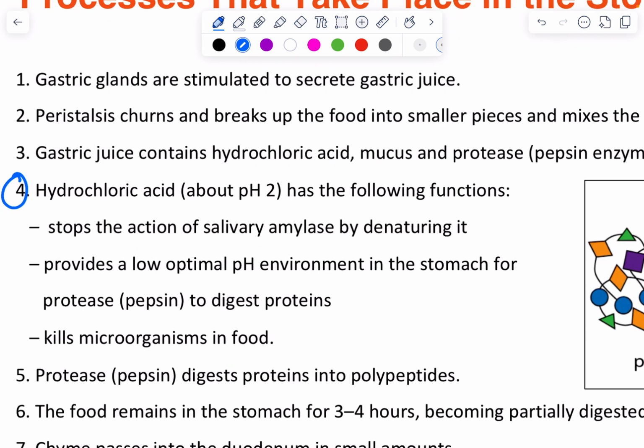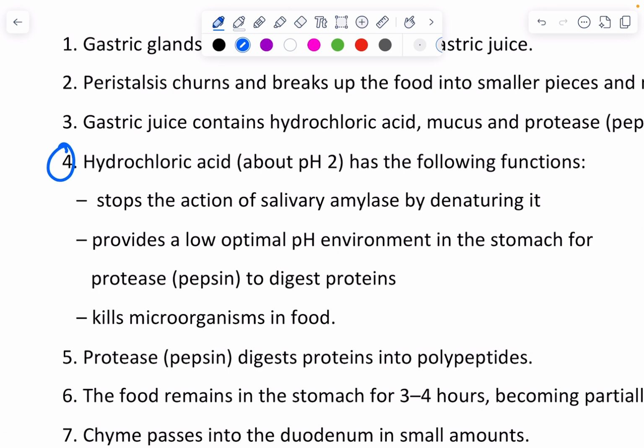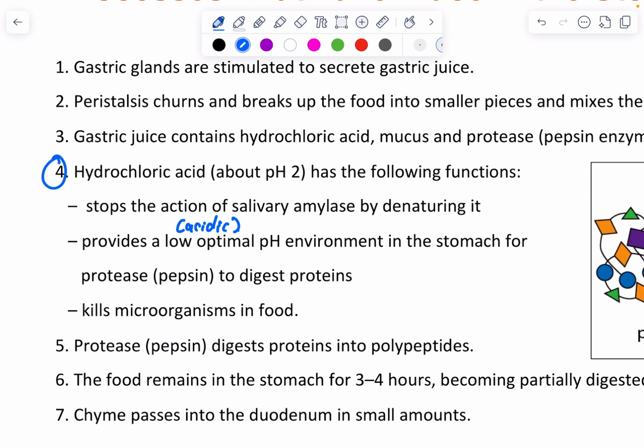Firstly, it stops the action of the salivary amylase by denaturing it. This indicates that there is no digestion of carbohydrates or starch in the stomach. It also provides a low optimum pH, meaning it becomes very acidic, such that only the enzyme pepsin is able to digest protein in the stomach.